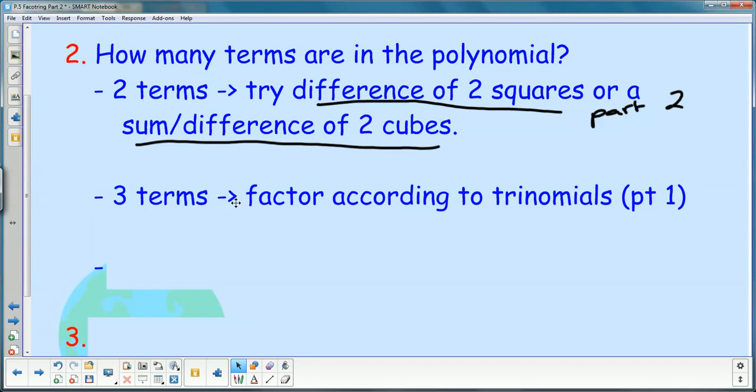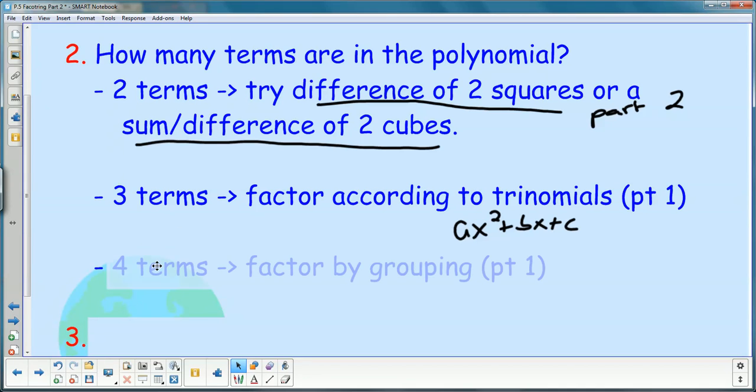3 terms means it's factoring according to trinomials, which one we talked about was ax squared plus bx plus c. Again, this exponent doesn't have to be 2, this doesn't have to be a 1. It could be ax to the 4th plus bx squared plus c. That goes back to the video from part 1. There will be some of those that are unfactorable and non-factorable.